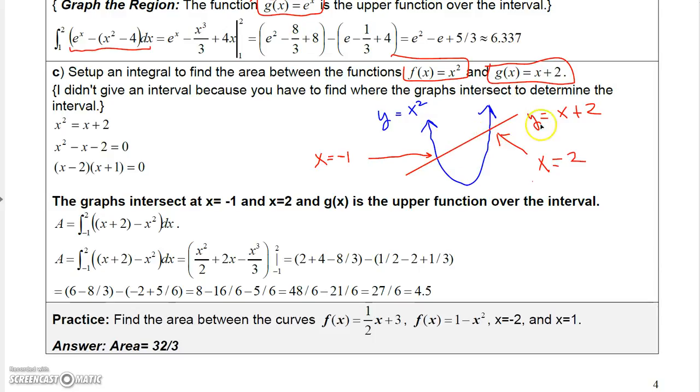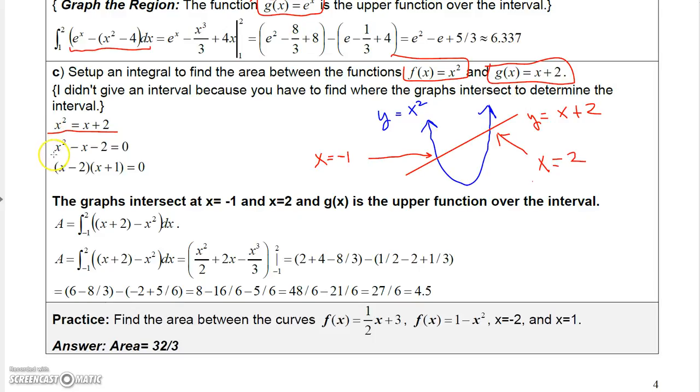So I know I'm going to integrate x plus 2 minus the parabola. But the question is, where do I integrate from? You need to figure out what these x values are here and here so you can know your limits of integration. To do that, I just set the two functions equal and solve.